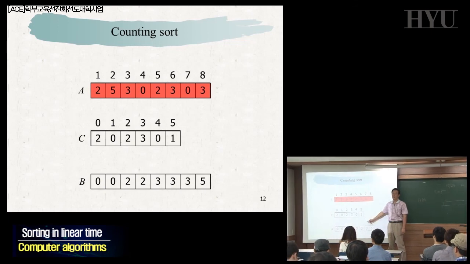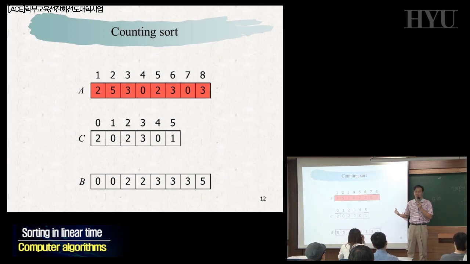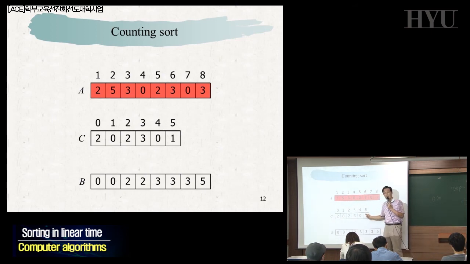Look at this array. Look at this counter array. What should we do for the first time before we use this counter array? We should initialize every entry as 0. So we have to take it into account. And then what's the size of this array?